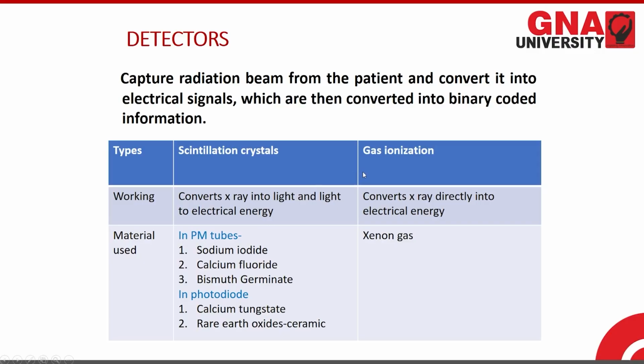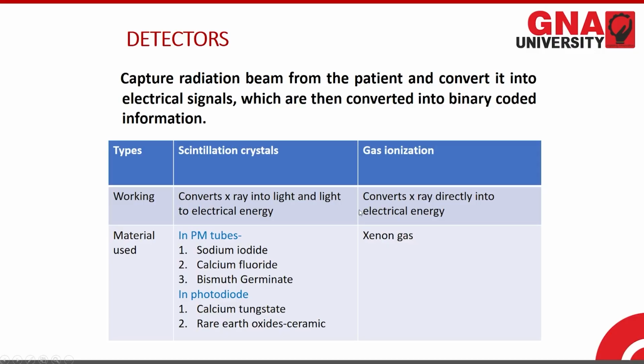The gas ionization detectors converted the X-rays directly into an electrical signal, and the gas that we were using was xenon gas. But their efficiency was low, and we cannot reduce the size of these detectors beyond a certain limit.